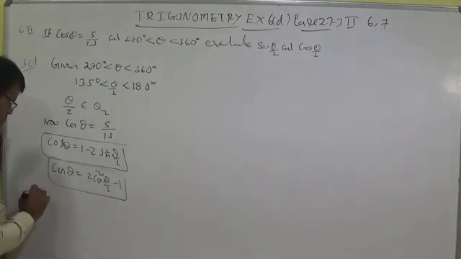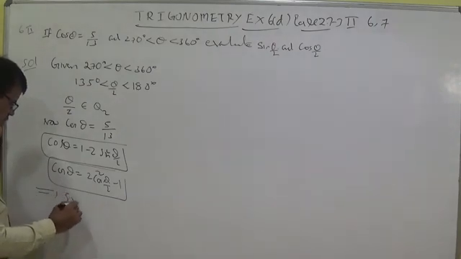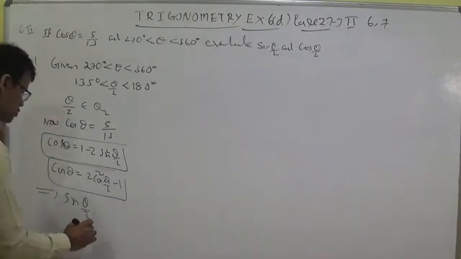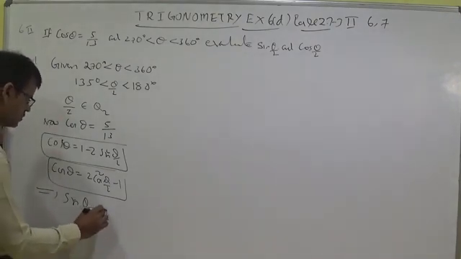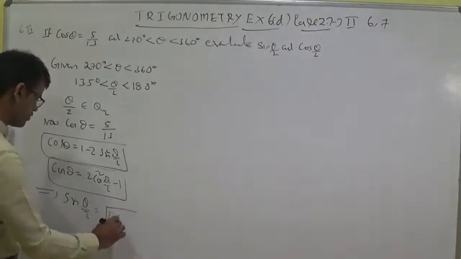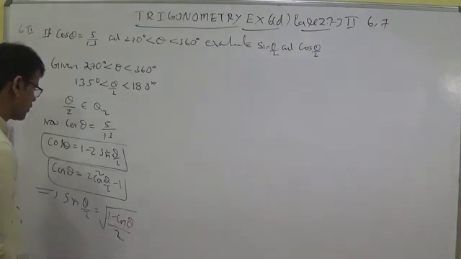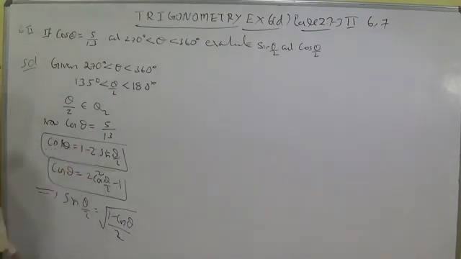That implies we need to calculate here. First of all, sin theta by 2. Theta by 2 belongs to Q2, meaning sin is positive. The formula is root of 1 minus cos theta whole by 2.